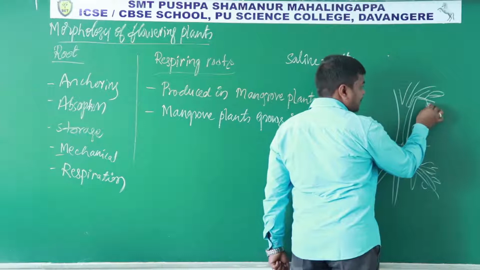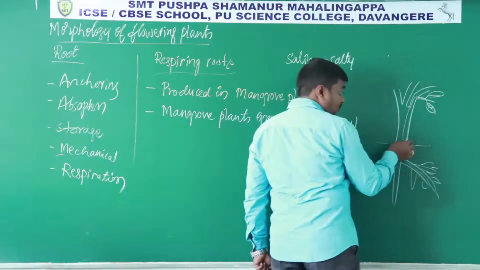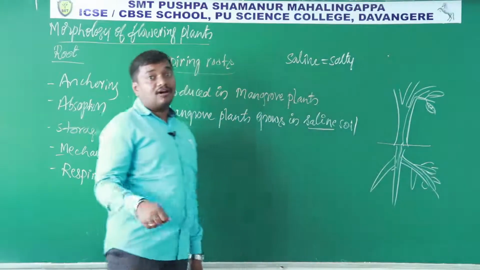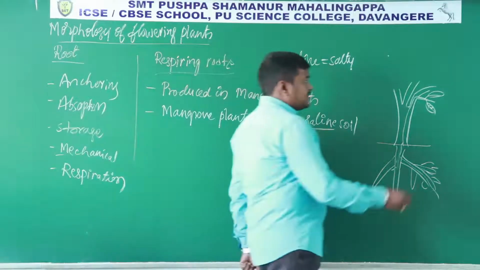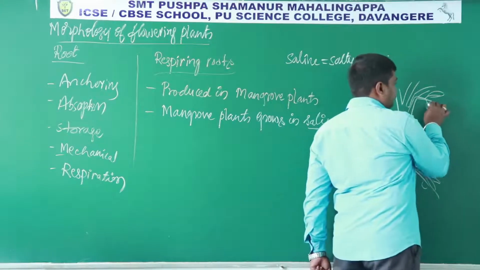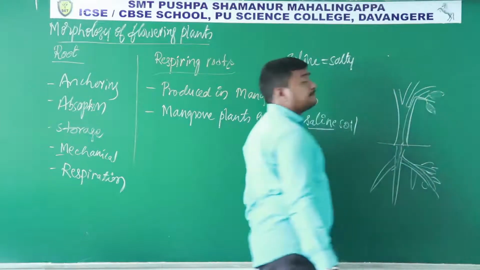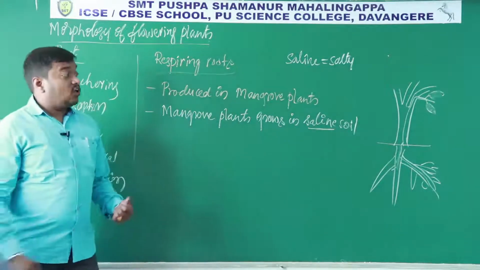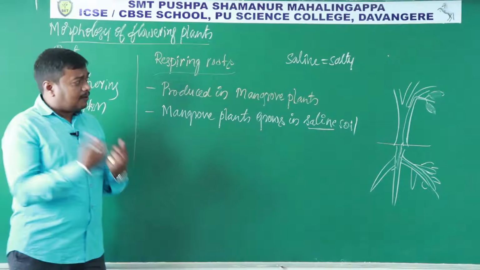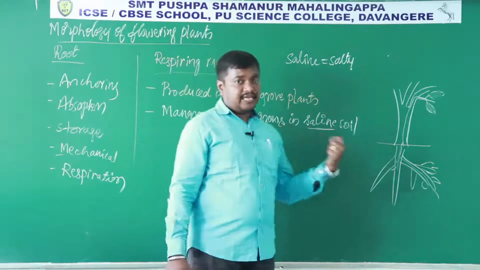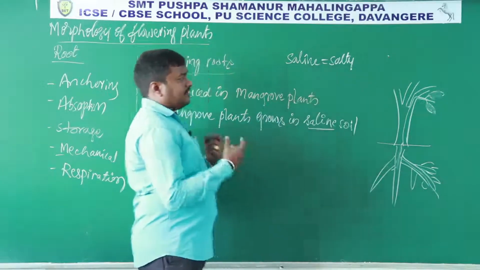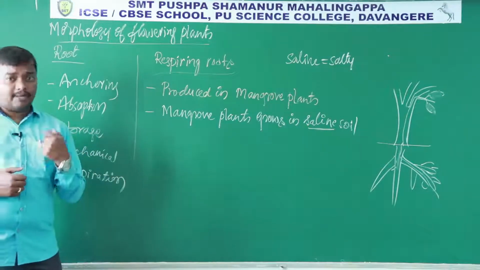In the leaf, along with the water, they absorb more salt as well. That salt gets accumulated on the leaf. It closes the stomata, so it creates a problem for gaseous exchange. That is, the closing of the stomata creates a problem for gaseous exchange.